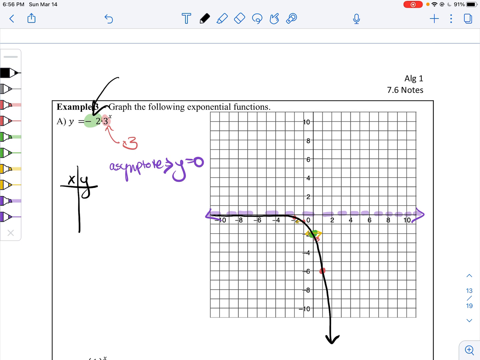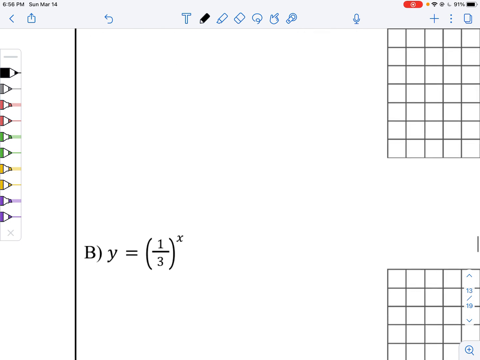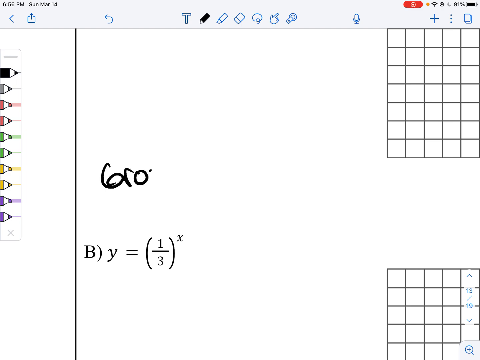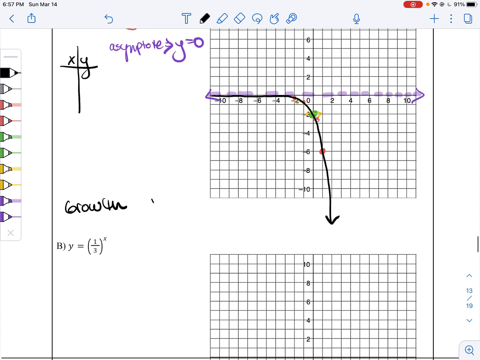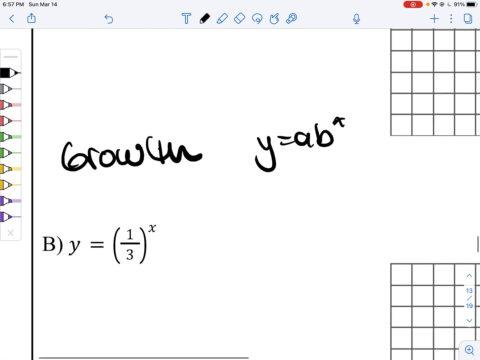Cool. We've been talking about exponential growth a lot. Now let's look at an example of the opposite of that. We've been looking at growth, and that's when, if you have y equals ab to the xth power, if b is greater than 1, that's an example of growth.